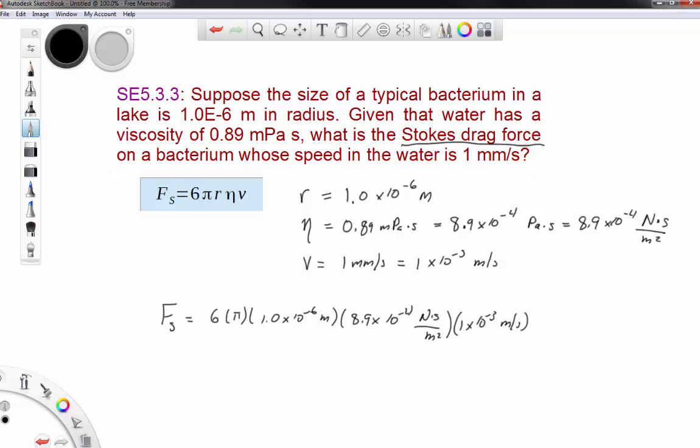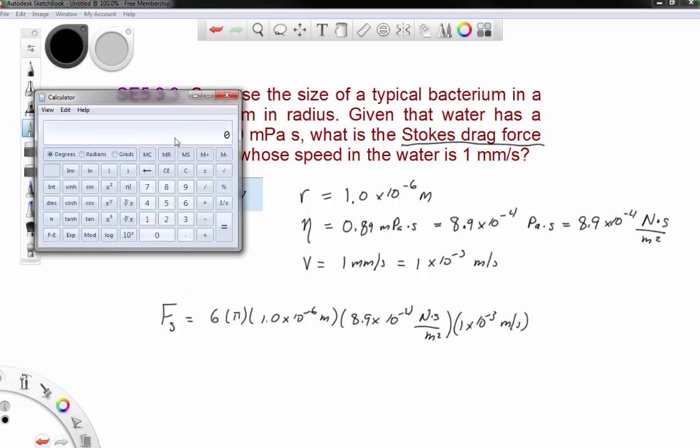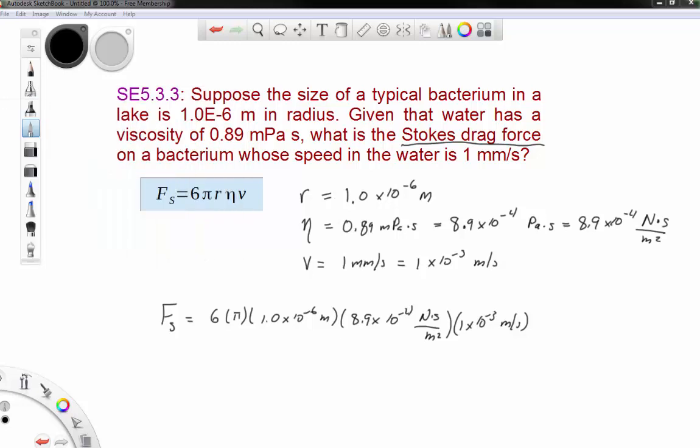Okay, so whip out that calculator. 6 times pi times 8.9 is 167.7 whatever. We're going to end up with only one significant figure anyway because of the speed, so let's call this approximately 200, and the power of ten works out to 10 to the minus 13 newtons.